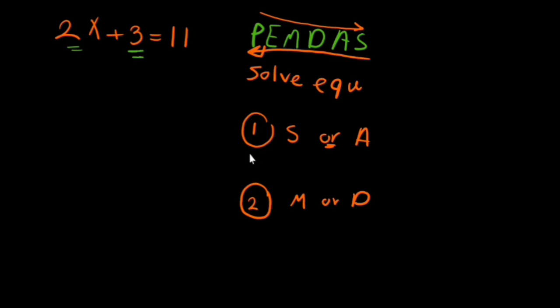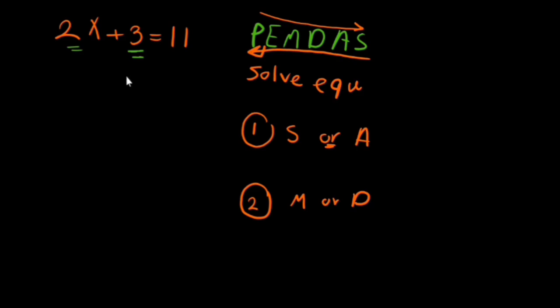Okay. If we go back to the problem here, I have 2x plus 3 equals 11. 2 multiplied by x, okay, so multiplication is the second step. No, we have to do the first step first, addition or subtraction. Plus 3, I have to get rid of plus 3. How can I get rid of plus 3 first?